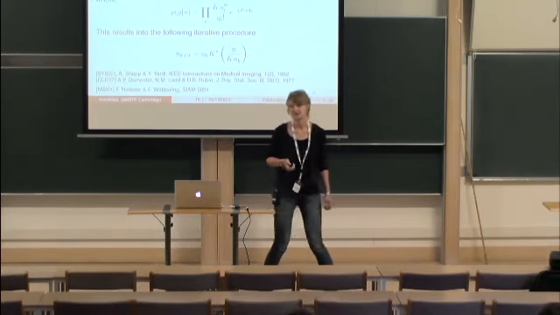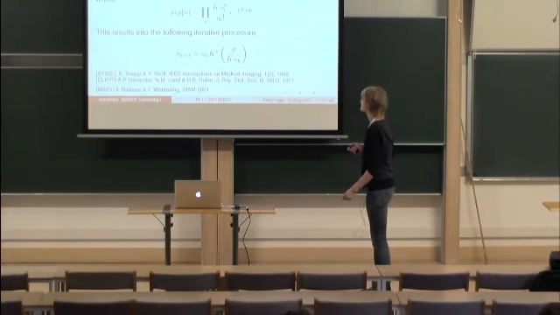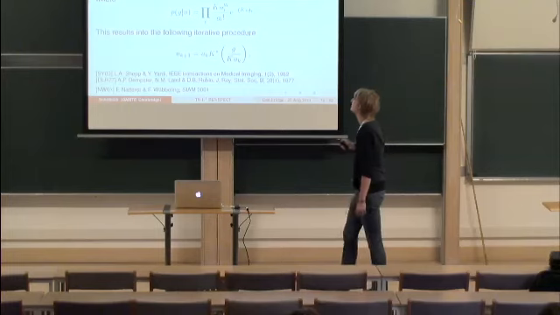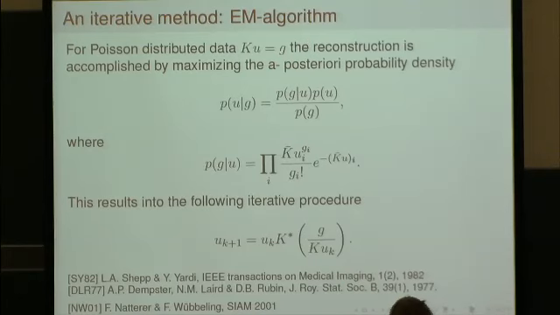An iterative method is, as I said, expectation maximization. Here you assume that your data G is Poisson distributed, and think of K as the radon transform, so the radon transform of your image is the data. And you express this assumption of the Poisson distribution of your data by maximizing the a posteriori probability density that says that your data is Poisson distributed.